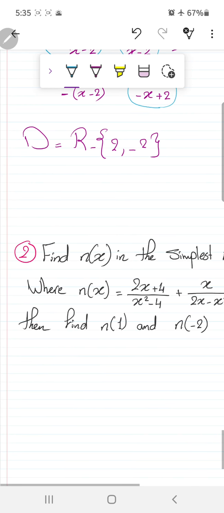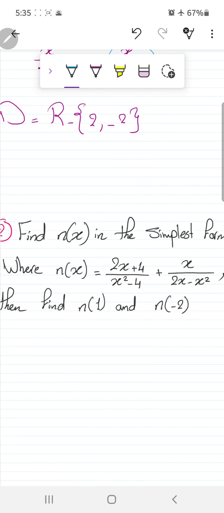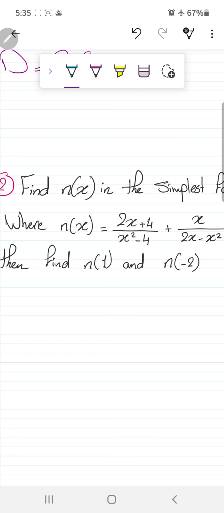Number 2. Find n of x in the simplest form where n of x equals 2x plus 4 over x power 2 minus 4, plus x over 2x minus x power 2. Okay.